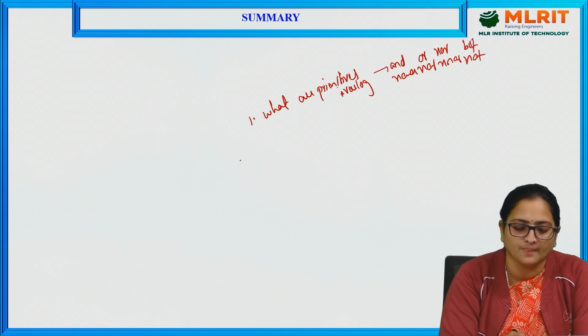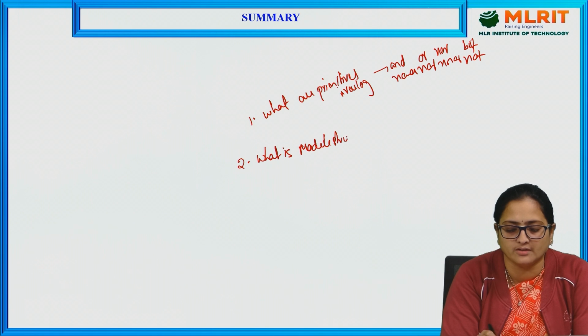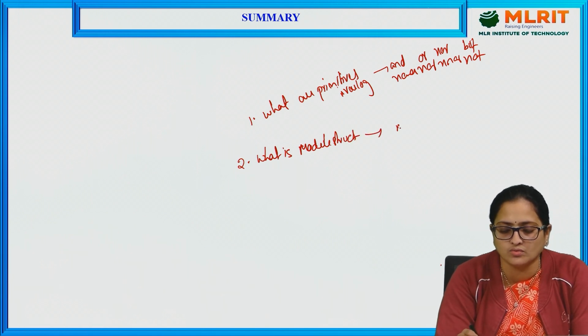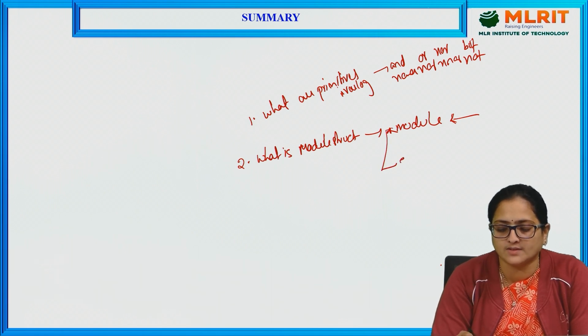And the second one is the module structure. Every Verilog code has to start with the keyword called module. It declares that the program starts from this particular point. And this module has to end with the keyword called endmodule.